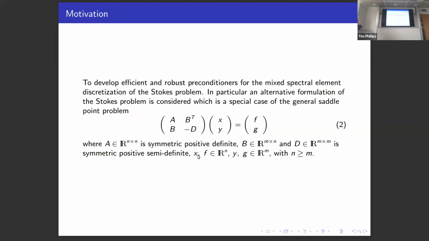So you have a zero block in the bottom right-hand corner. And the various matrices in the system have nice properties. A, being a discretization of the diffusion operator, is symmetric and positive definite. And we're interested in operators D that are symmetric, positive semi-definite. So the focus will be on solving systems of equations of this form.